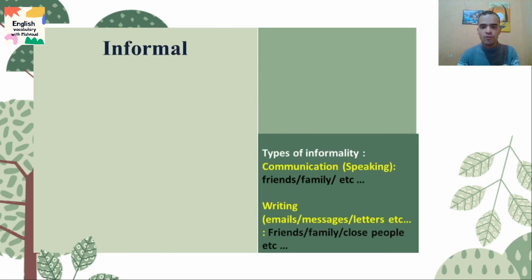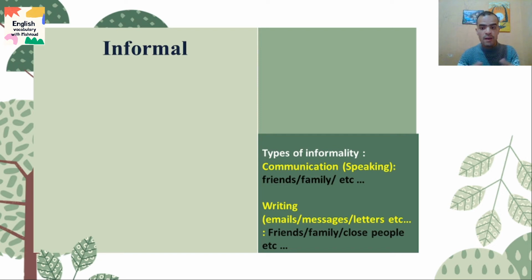So we're still with the informal, and now we will see types of informality. So we have, again, communication and writing. Communication is speaking, and the language used among friends and family in communication is informal. It is allowed to be used, of course, among friends and family. Second, writing, like emails, messages, letters, etc. Many forms of writing.